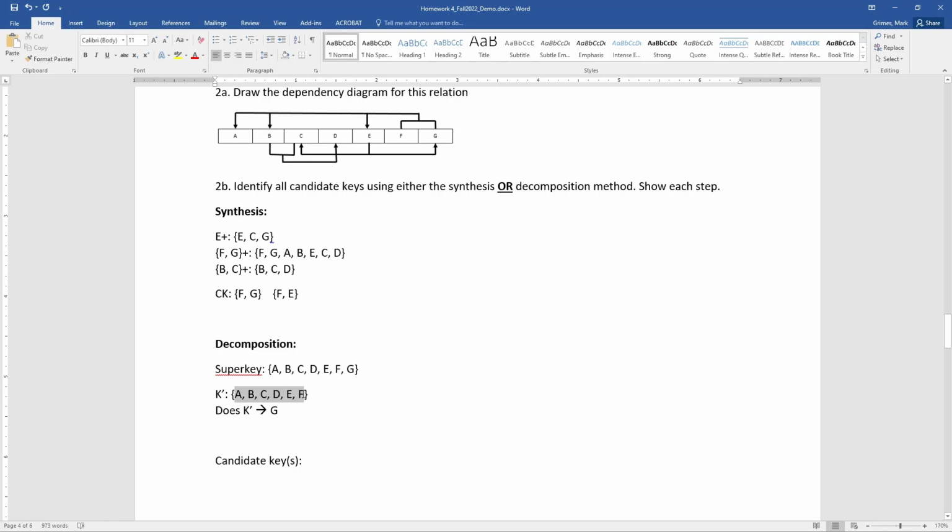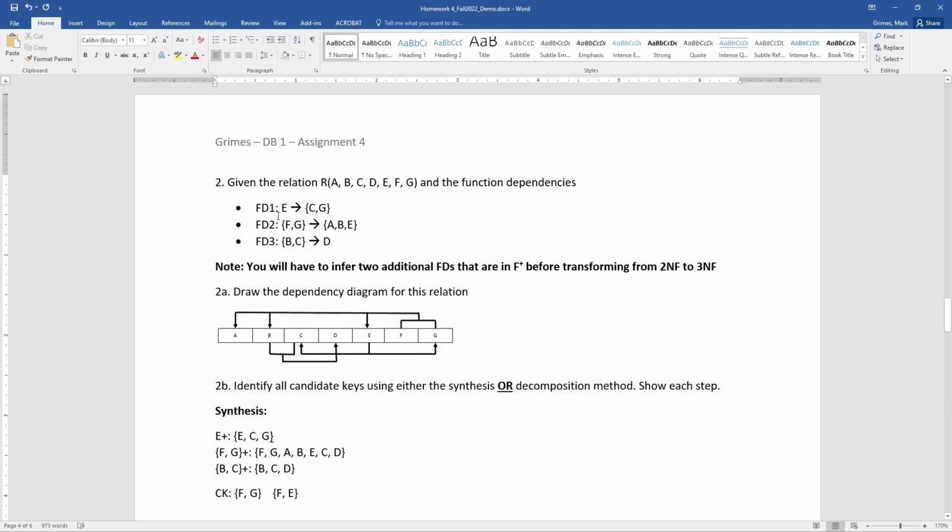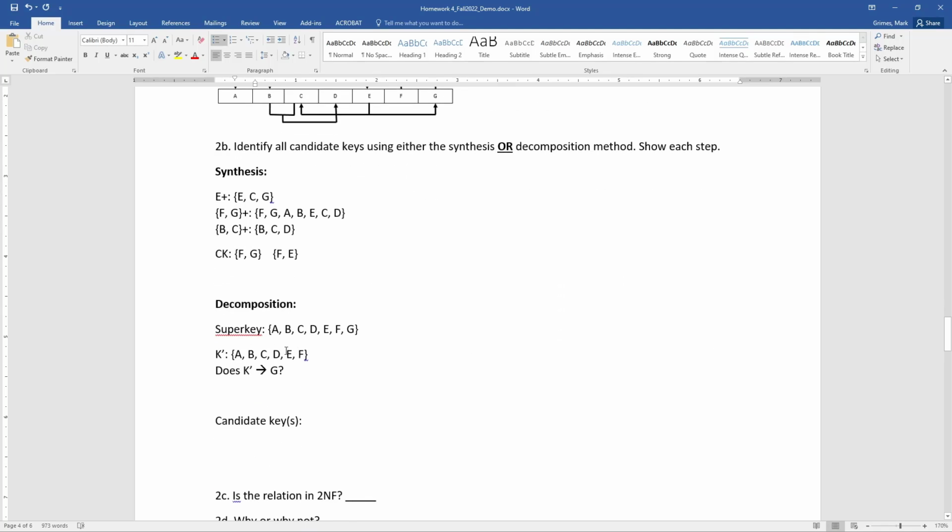Because this is that entire superkey with just one attribute removed. Okay, so if we know the values for A, B, C, D, E, F, can we determine the value of G? Well, it appears E functionally determines G, so as long as we know E, we can determine G. So the answer is yes, meaning we do not need G in order for this to remain a candidate key.